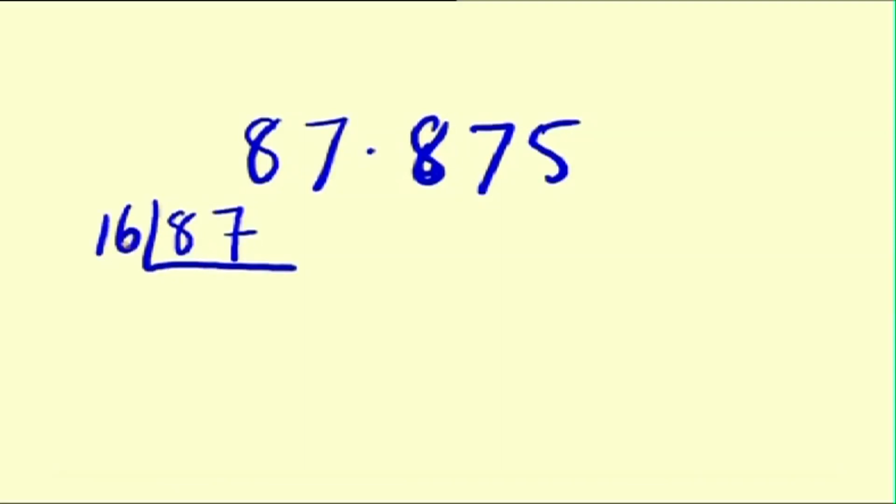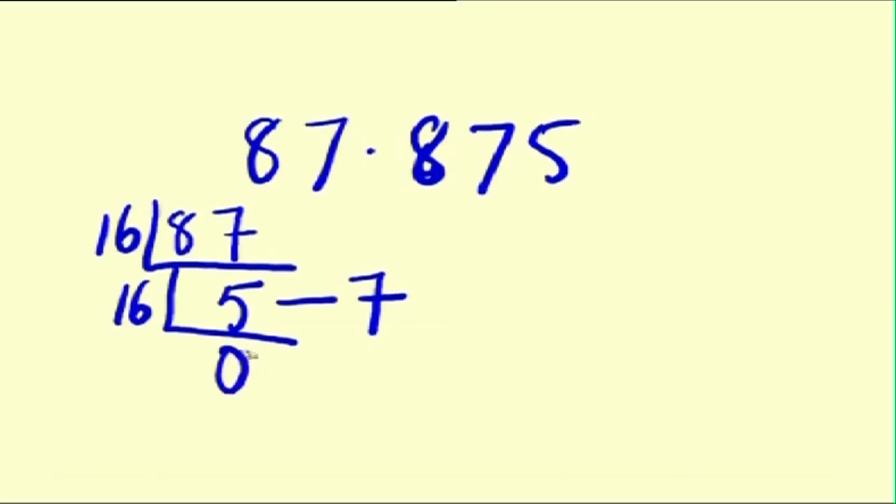For that we have to divide 87 by 16. 16 will go in 87 how many times? 5 times. So, we will get 5, that will be 80, and I will be getting a remainder of 7. If I divide further by 16, 5 cannot be divided by 16. So, we will get the remainder as 5.